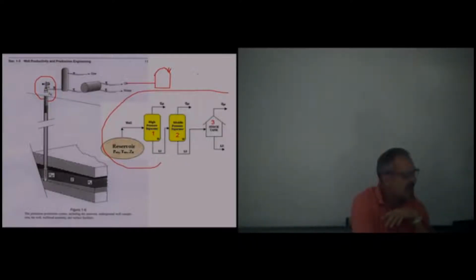So you have to vent the gas. This is the way most of the facilities were built 20 years ago, about the age of this textbook. Okay, so that's three-phase separation.